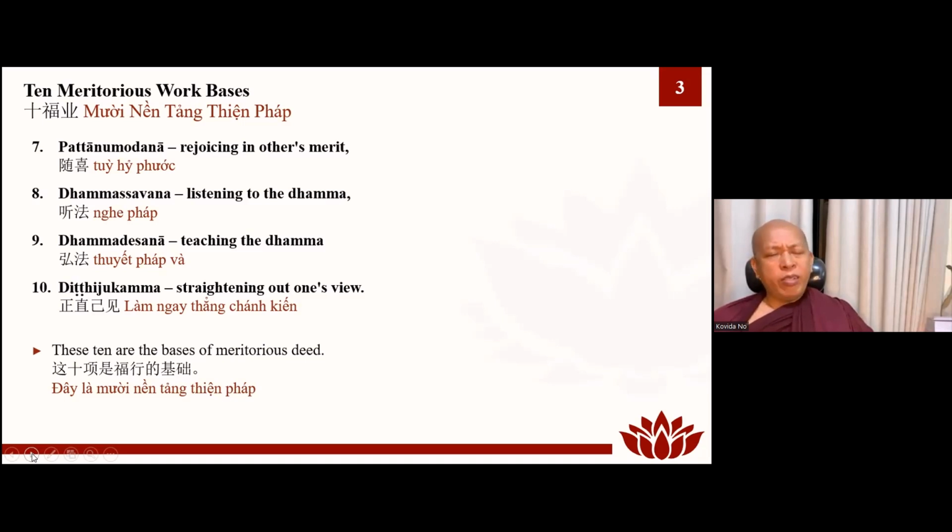Then we also have another type of wrong view, akiriya. Right? Akiriya means doing nothing. For example, although you are doing good things, it doesn't mean it's good. Good and bad just come from the people. It's judged by the people. For example, in modern society, drinking wine, taking intoxicants, this is very common. That's normal. Nobody thinks it's a wrong thing.